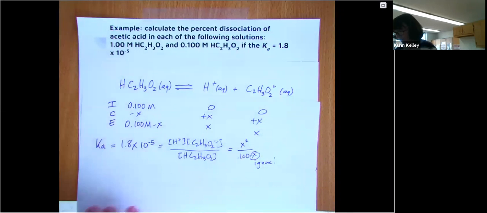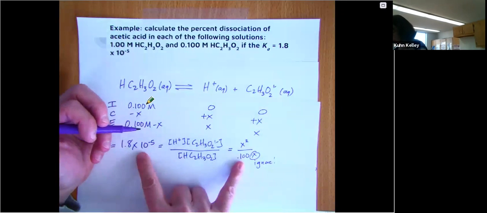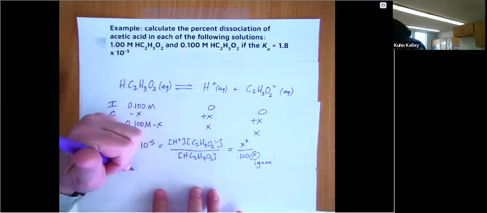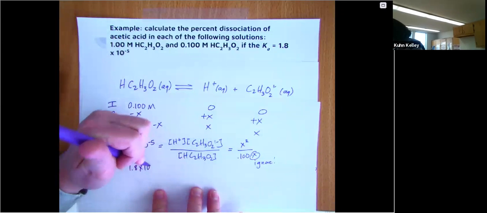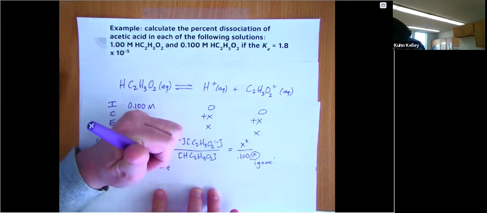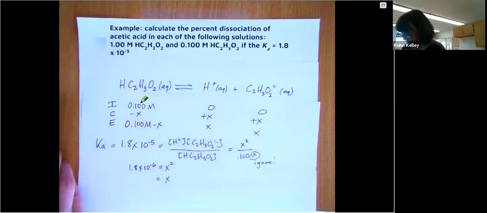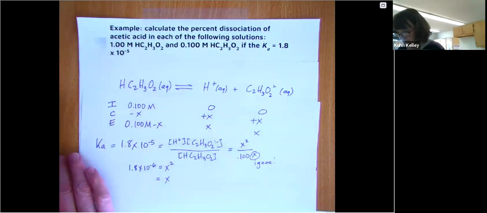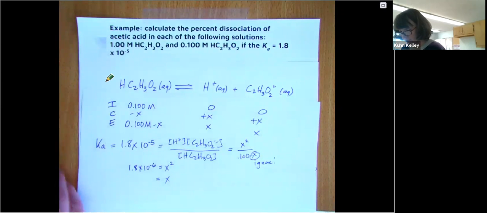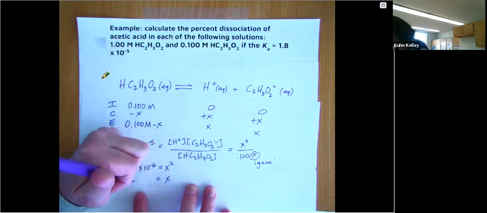So when I simplify this, if I multiply both sides by 0.1, I get 1.8 times 10 to the negative 6 is equal to x squared. So x is the square root of that. The square root of 1.8 times 10 to the negative 6 is 1.34 times 10 to the negative third.